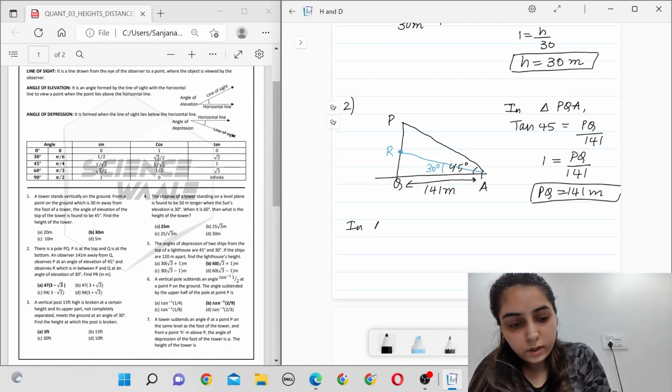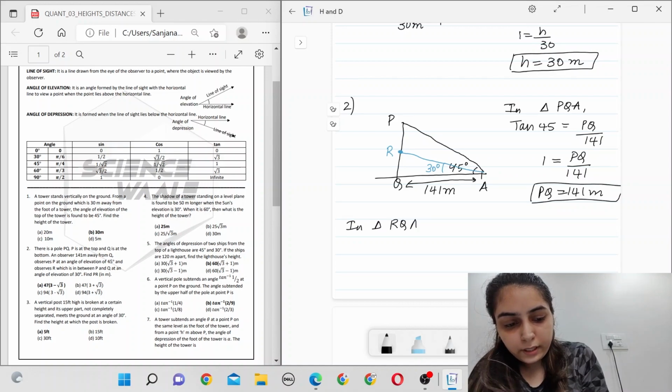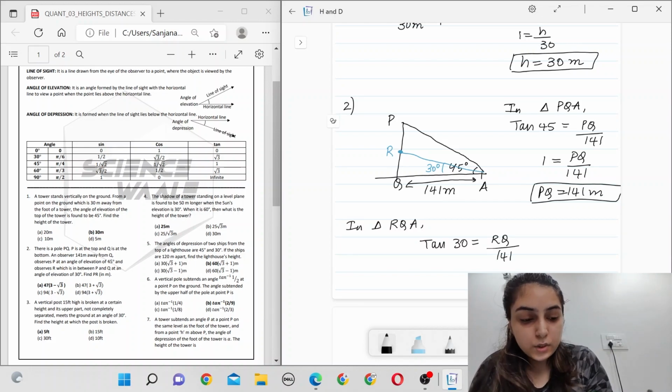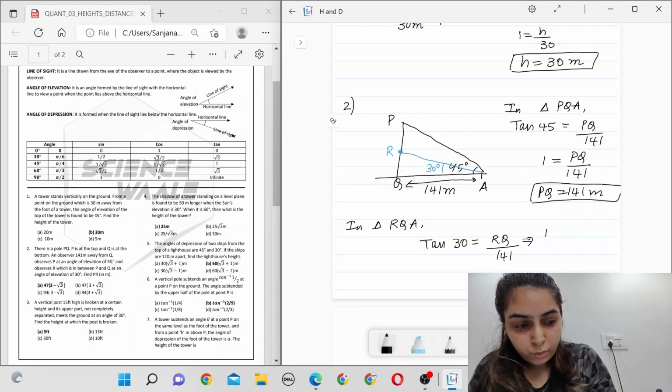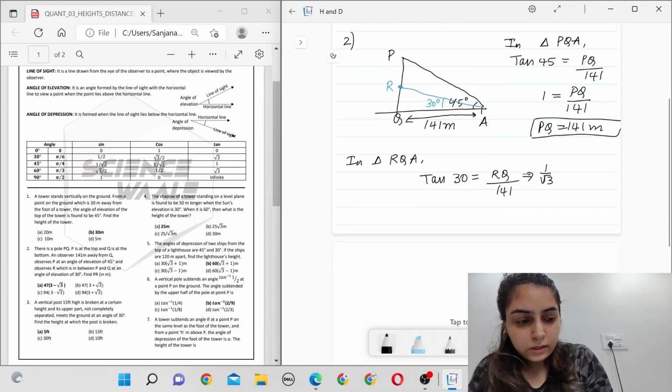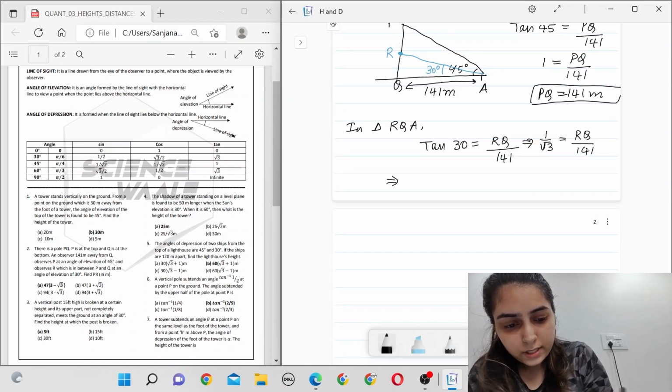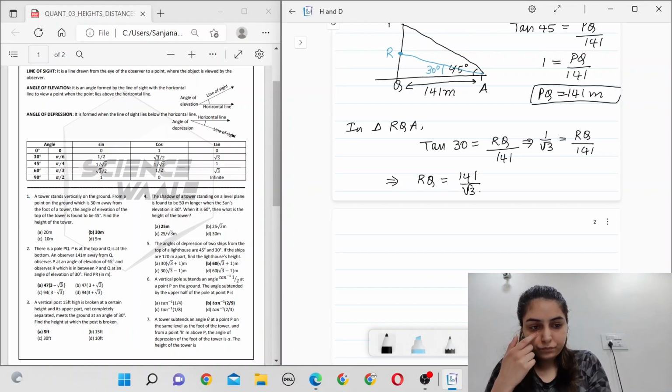Now in triangle RQA, tan 30 is equal to RQ by 141. Tan 30 is 1 by root 3. So 1 by root 3 is equal to RQ by 141. That implies RQ is equal to 141 by root 3.